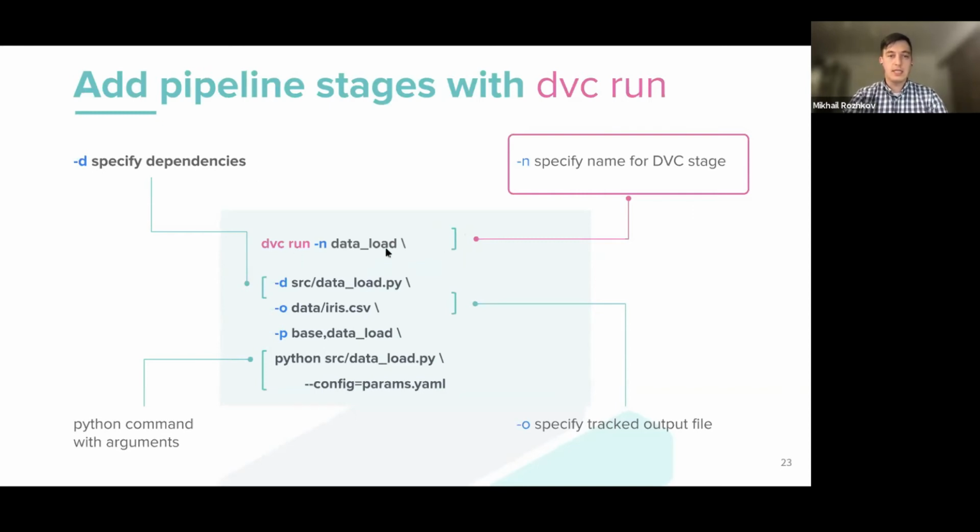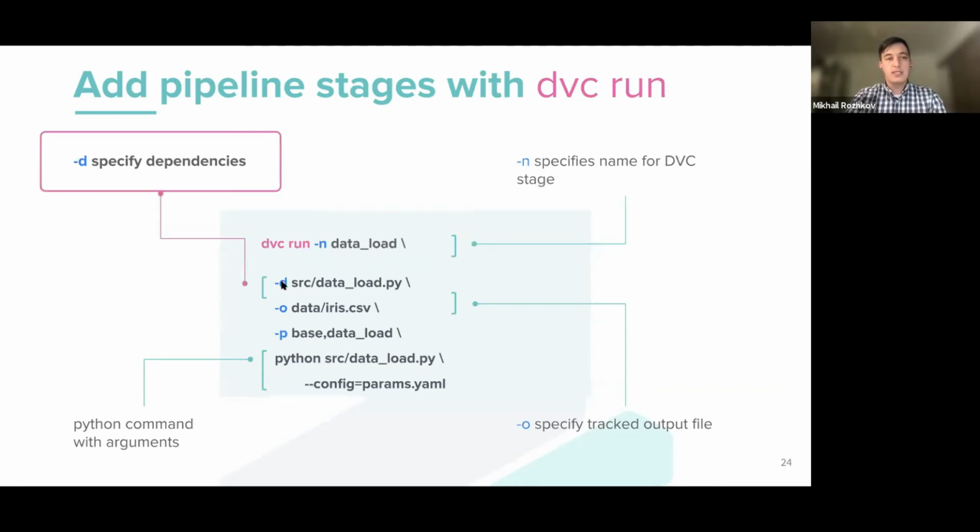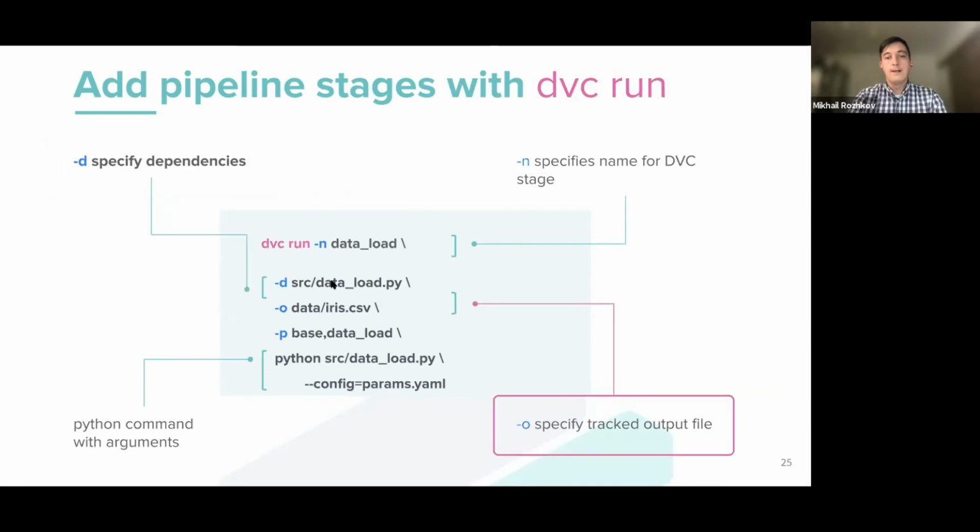For the data load stage, we can use the dvc run command and name our stage data load. Then we can specify some dependencies, so what inputs we should use for this stage. For inputs, we can specify any data as well as code, so the Python code we use to run this stage is also a dependency.